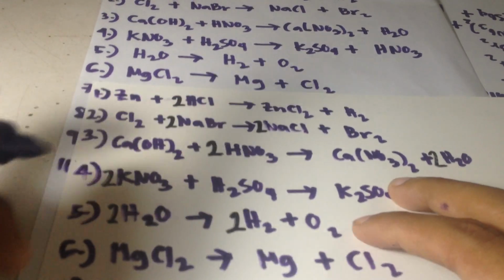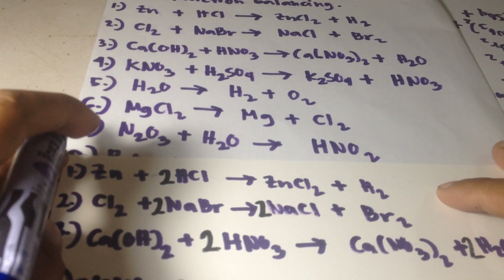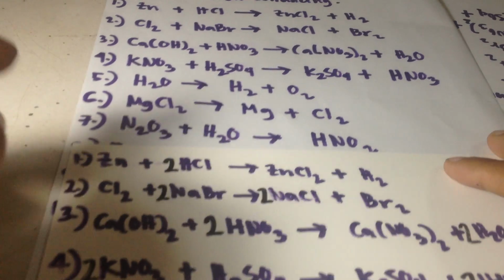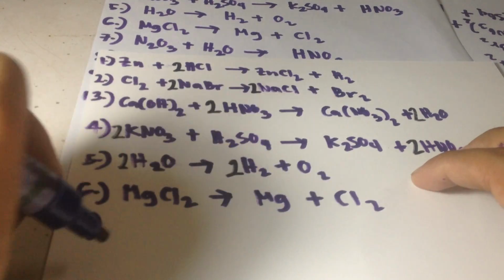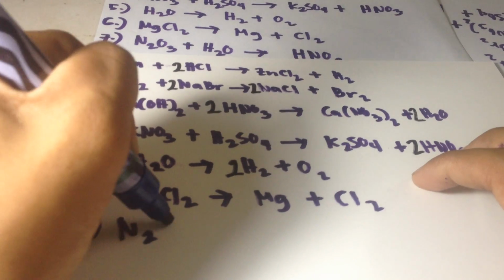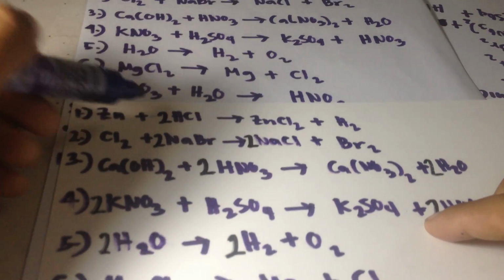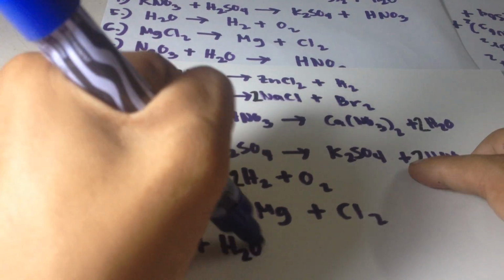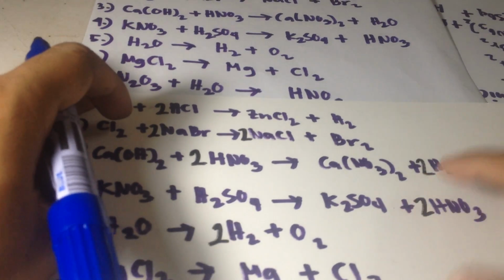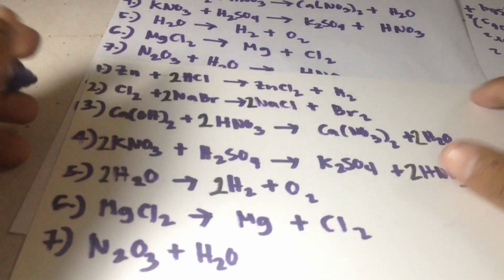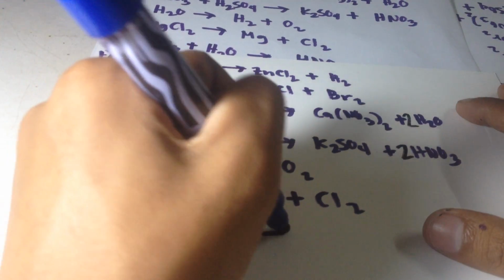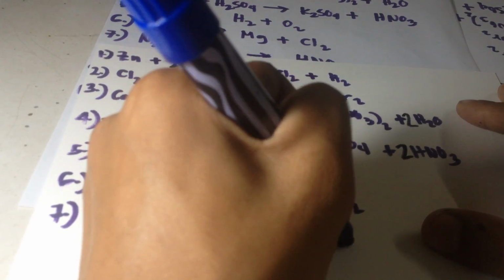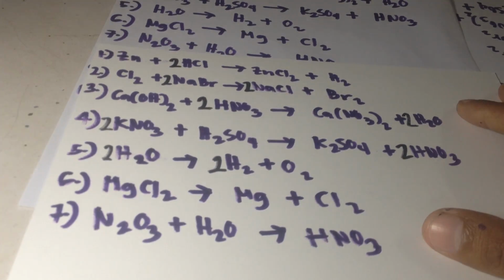How about number 7? In number 7, you have nitrogen trioxide plus water reacts to nitric acid, HNO3.